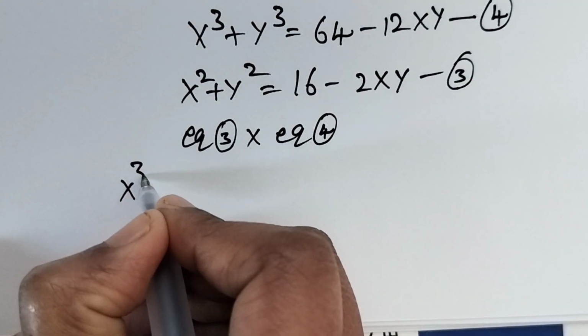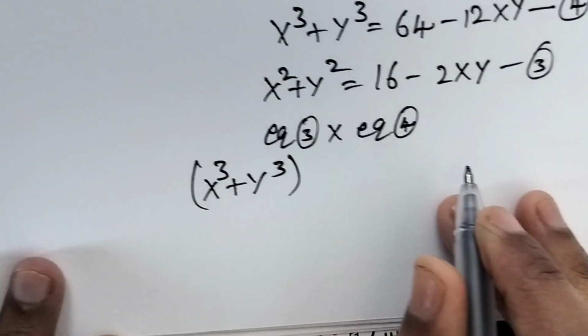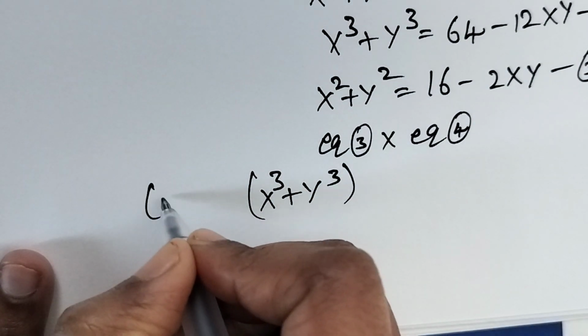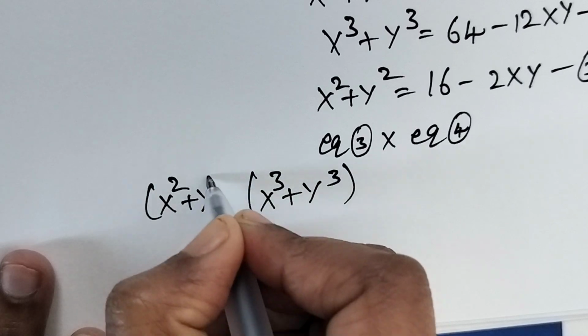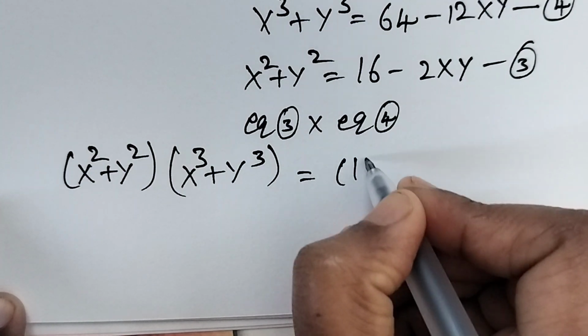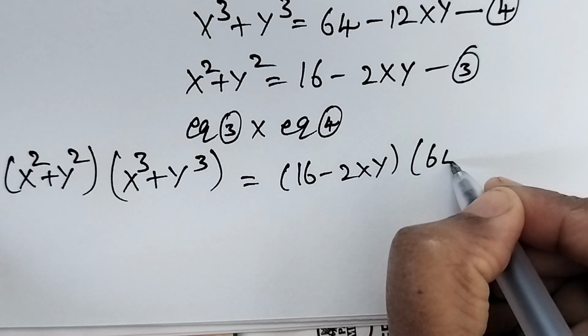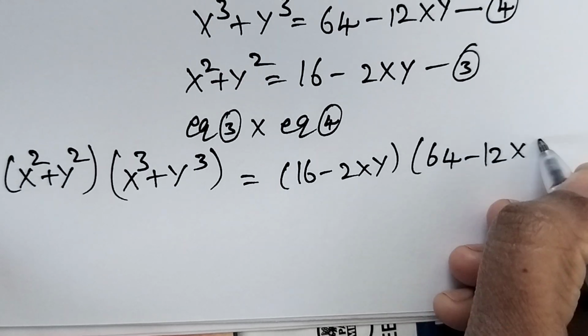So x cube plus y cube times x square plus y square is equal to 16 minus 2xy times 64 minus 12xy.